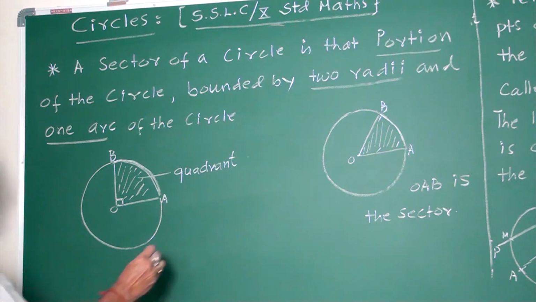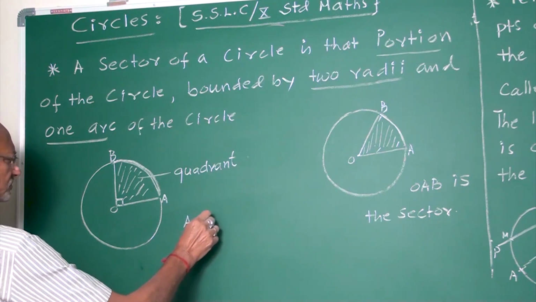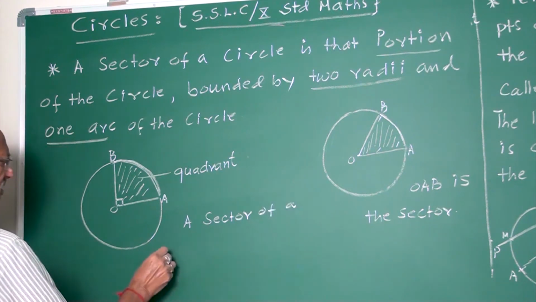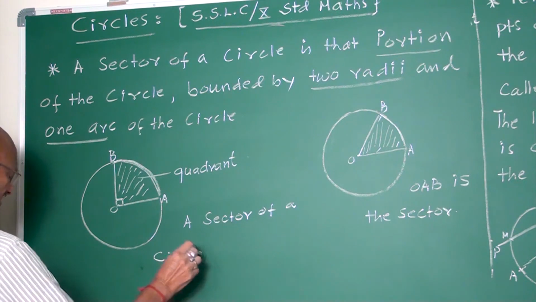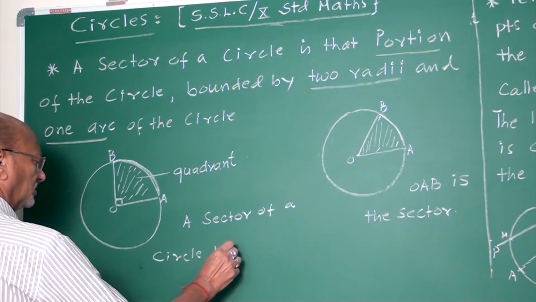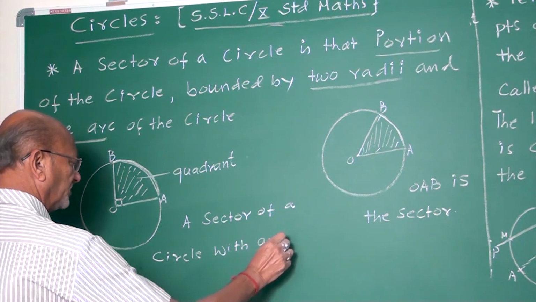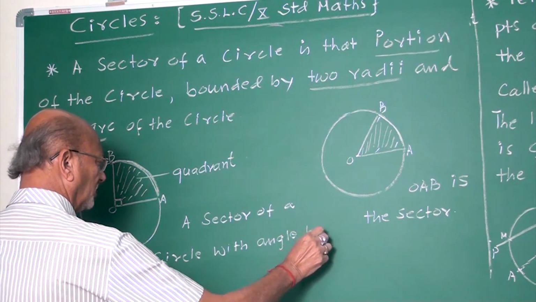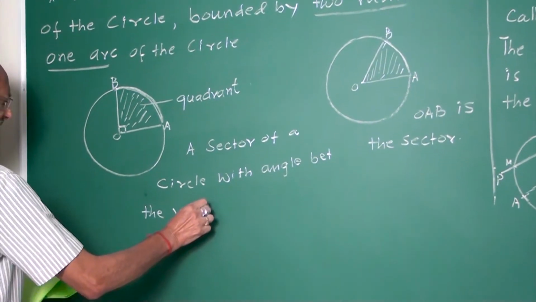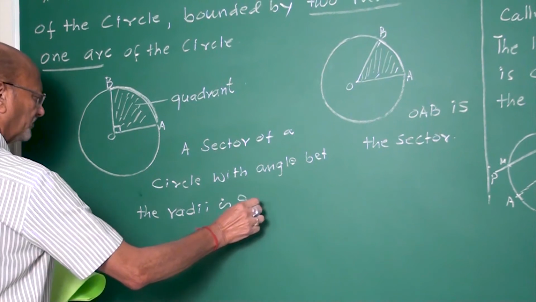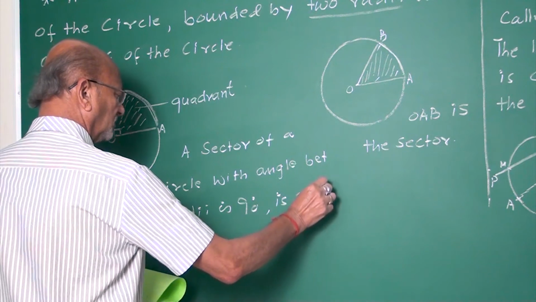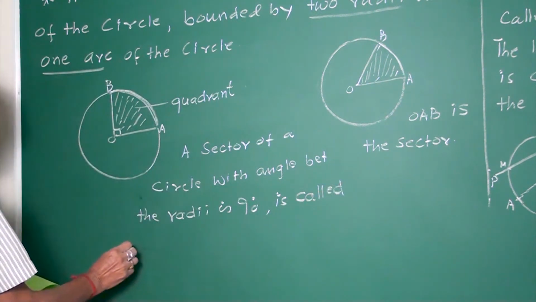A sector of a circle with the angle between the radii being 90 degrees, a right angle, is called a quadrant of the circle.